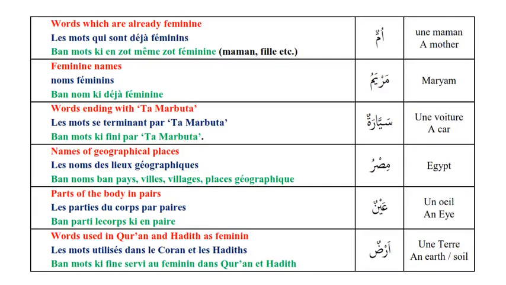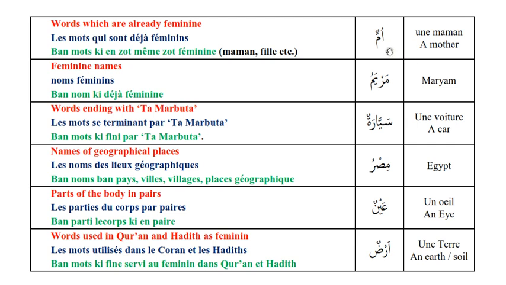First one, we have words which are already feminine. In themselves, they are feminine. In themselves, they are female attributes. For instance, we say a mother. A mother is a feminine gender. A girl, a sister. All these are feminine gender. For instance, we say, as we can see here, a mother, ummun.